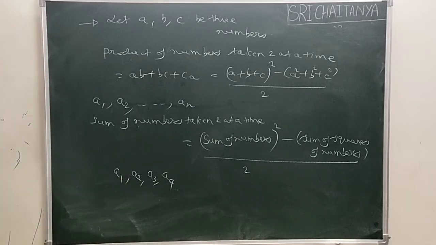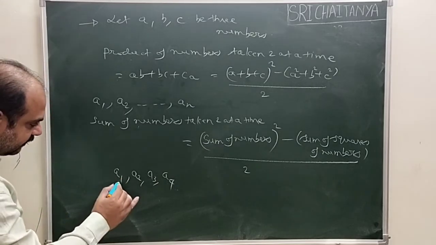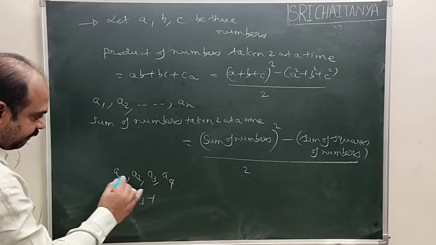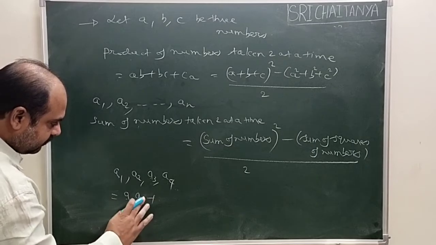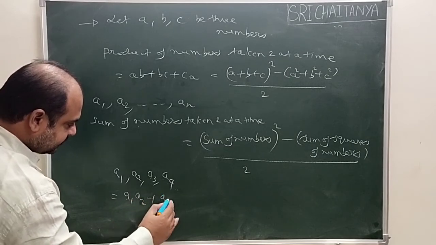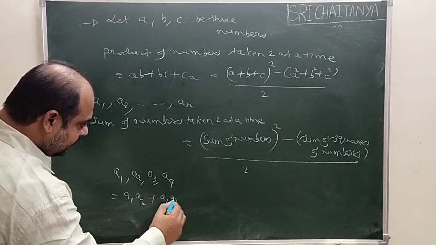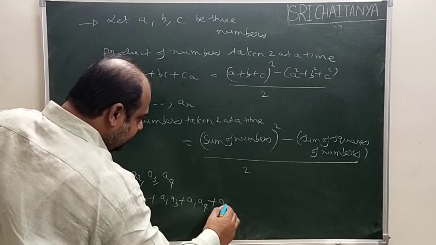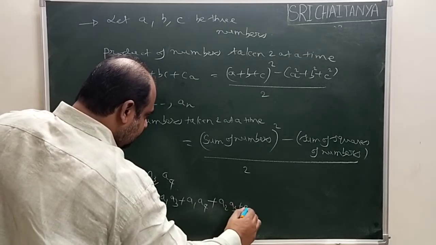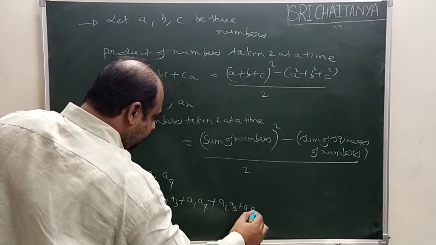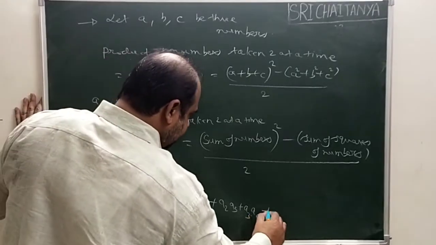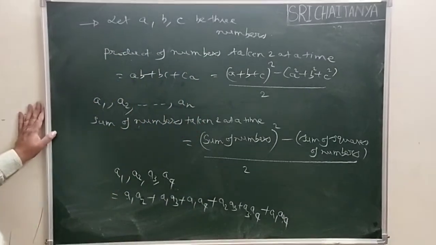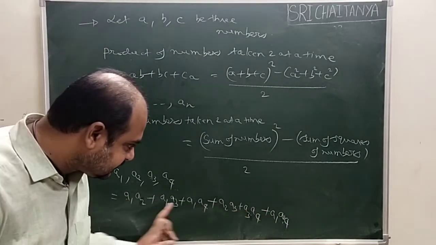Sum taken 2 at a time means, look at A1, A3, these two taken and multiplied. A1, A2 plus A1, A3 plus all possibilities, plus A2, A3 plus A3, A4 plus A1, A4, 1, 2, 3, 4, 5, 6.